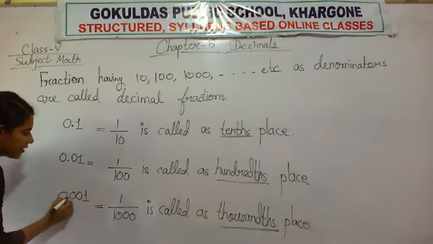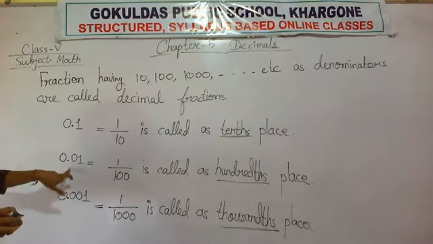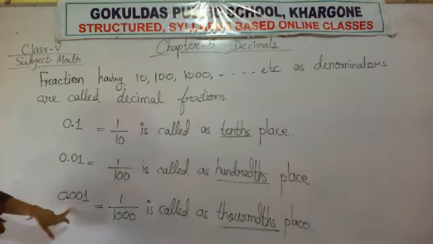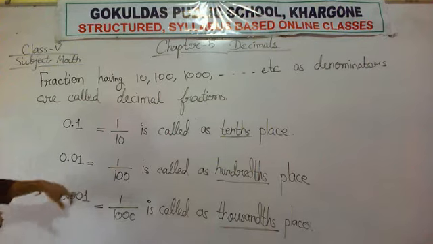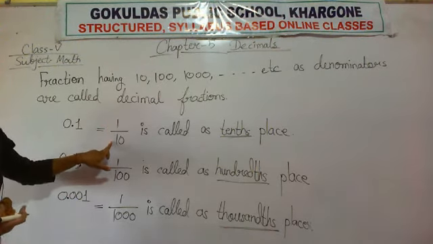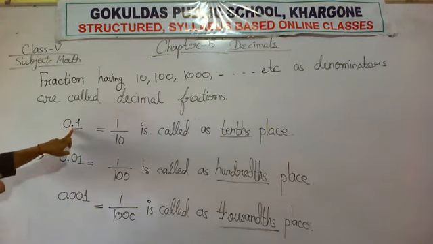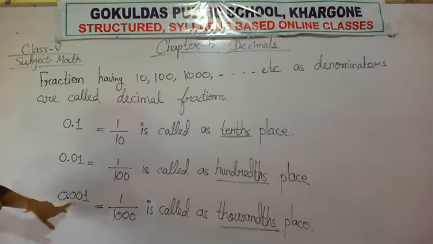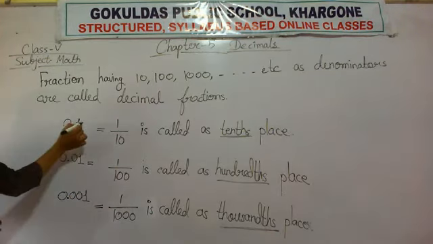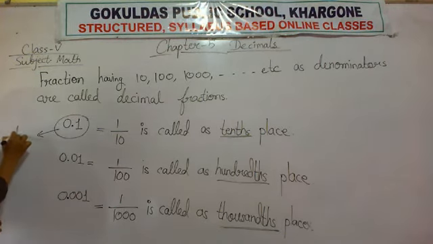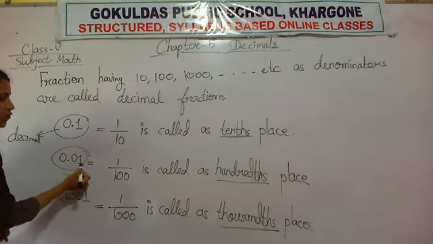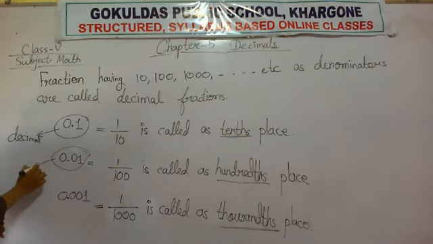But I am explaining that the numbers having a point are called decimal numbers. The numbers having a numerator and denominator are called fractional numbers. The numbers which have points are called decimal numbers. So 0.1 is a decimal number. 0.01 is also a decimal number.